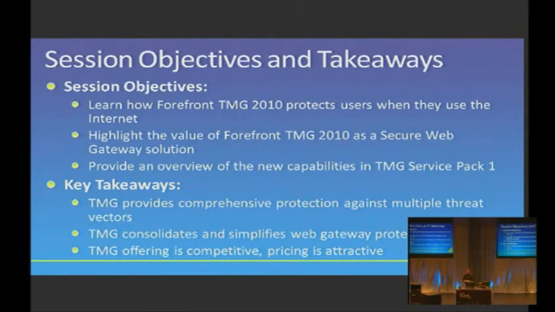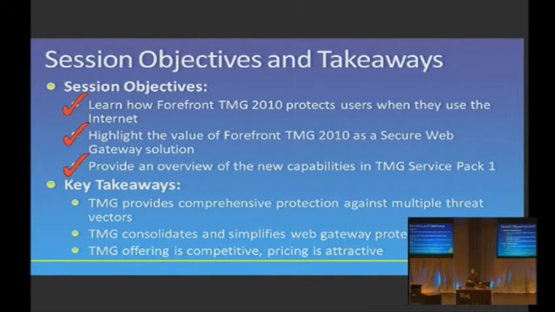So with that, we've made up a little bit of time, so I'll get you out for lunch. Session objectives: learn how TMG protects web users when they browse the internet. We've talked about the value of TMG, being able to consolidate your technologies down into one TMG box.